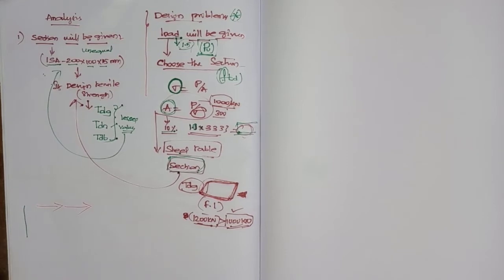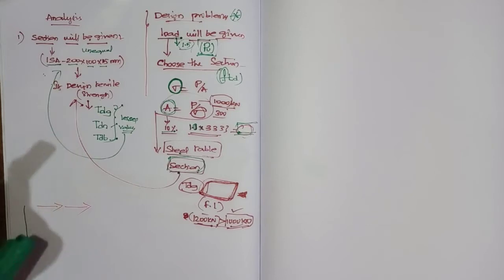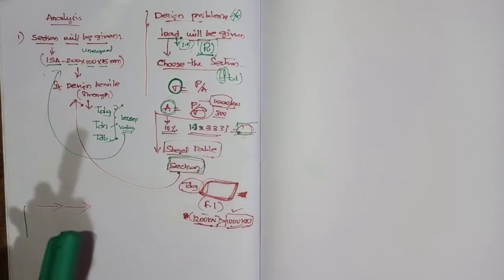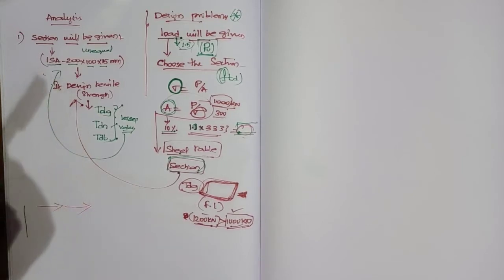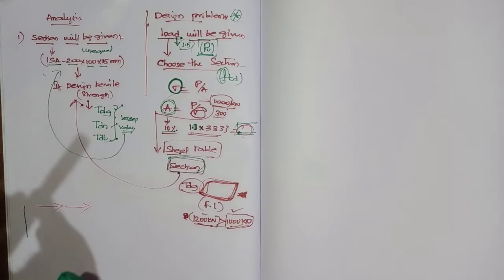Not only in tension members, in every chapter, and even in design of RCC, reinforced concrete structures, you are going to do the same analysis and design. While doing the design problem, certain values should be assumed as per code, here as per IS 800:2007, and in your RCC as per IS 456:2000.